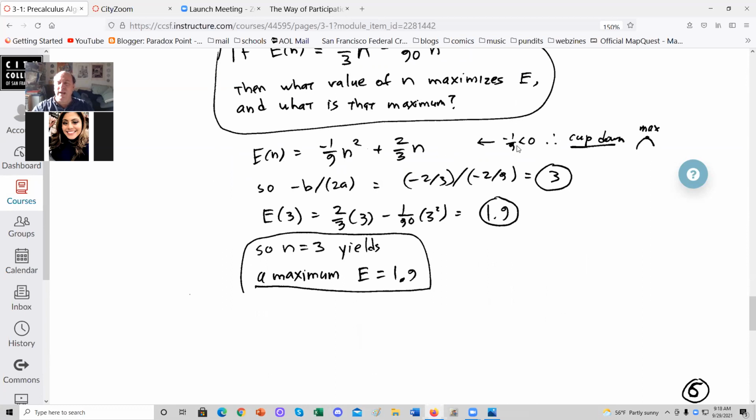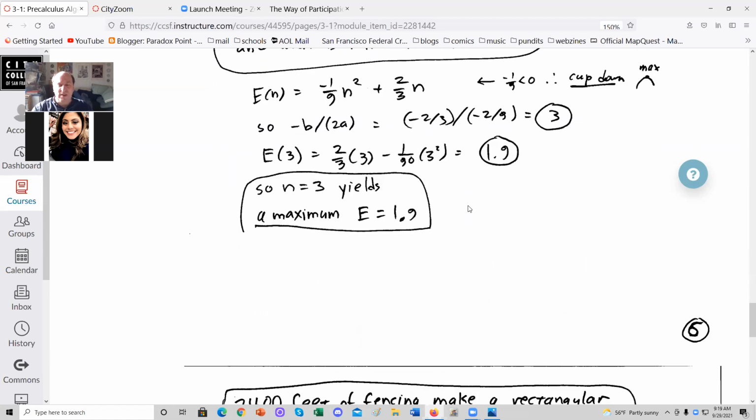Well, anyway, negative 1 over 90 is negative, so it's cupped down. Oh dear. I'm going to have to change this all. If this is a 90, then this would be a 30, and this would be considerably greater. So I'm going to have to rewrite this whole thing. My apologies. You'll be seeing a change in the canvas.